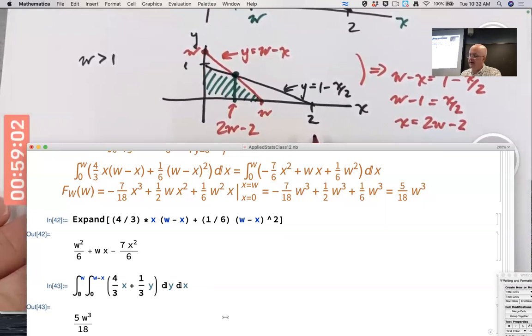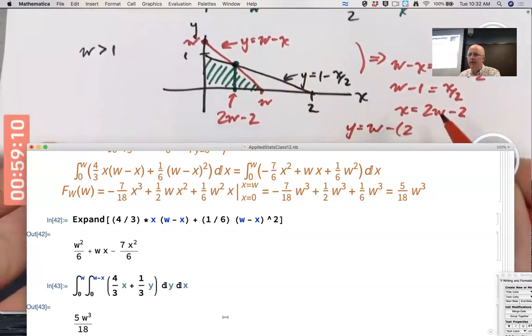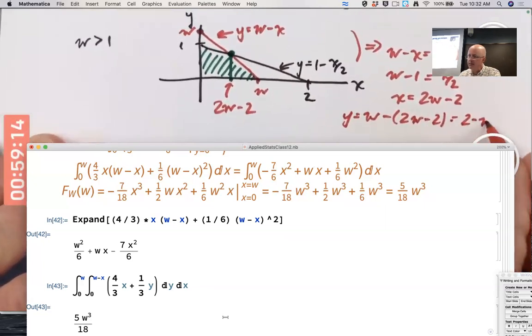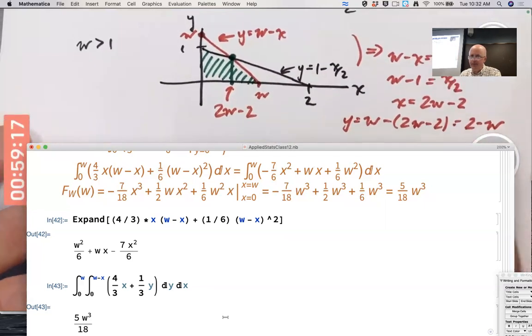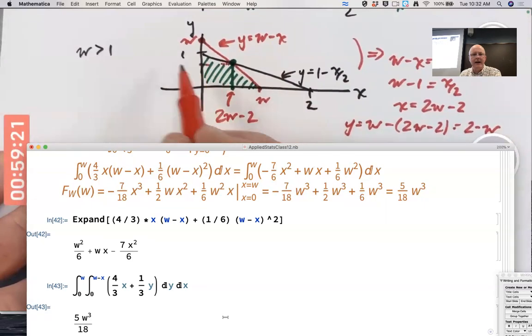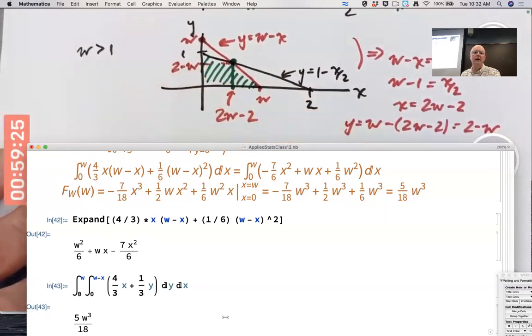And the Y coordinate I could figure out by plugging this thing into, for example, there. The Y coordinate would be W minus X, which is W minus this thing. And that'll be 2 minus W when you simplify it. Actually, we don't really need the Y coordinate, but I can find it anyway.